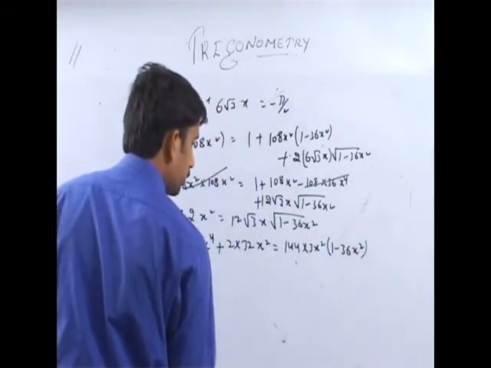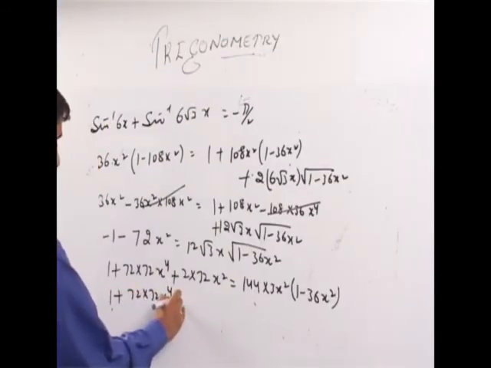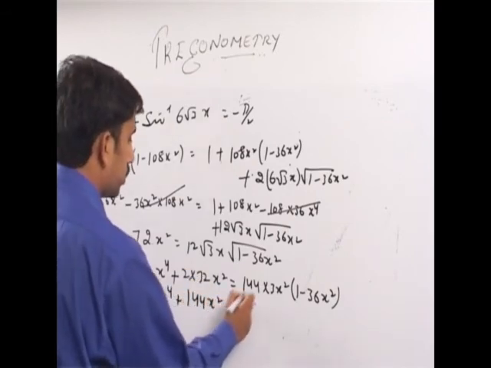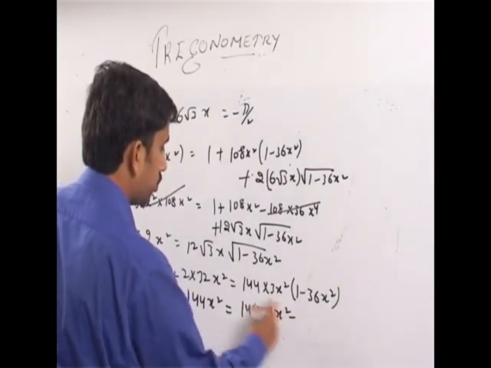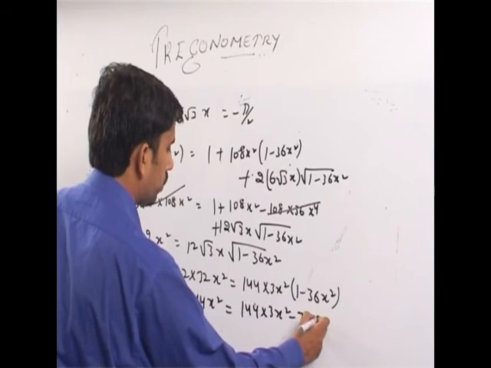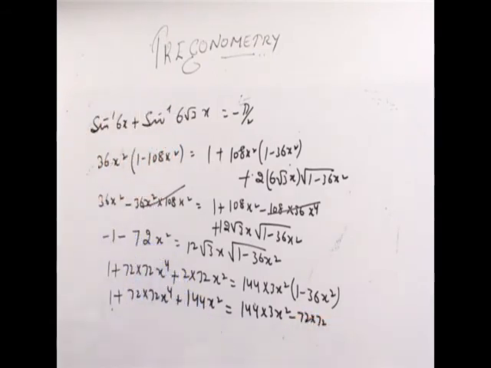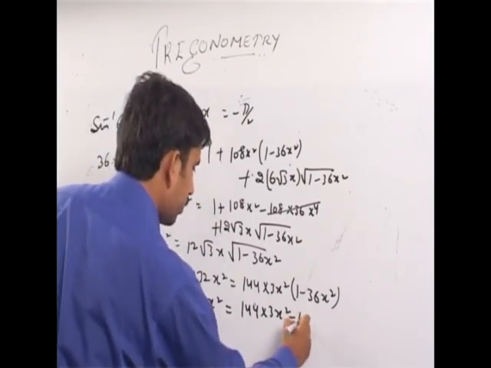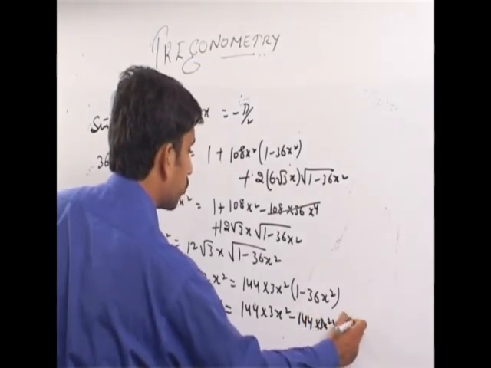Now this is 1 plus 72 into 72 x4 plus 144 x square is equal to 144 into 3 x square minus 144 into 3 x square into 36 x square.